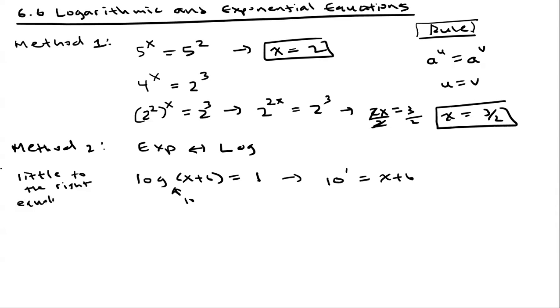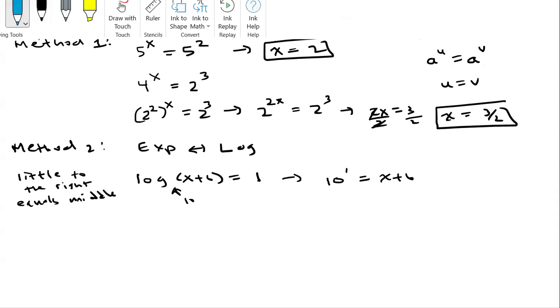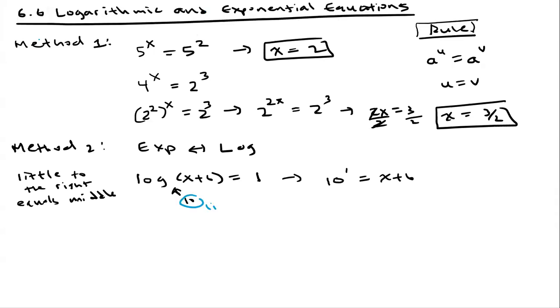The little is the base here, to the right is what it's equal to, and the middle is what's in the parentheses.